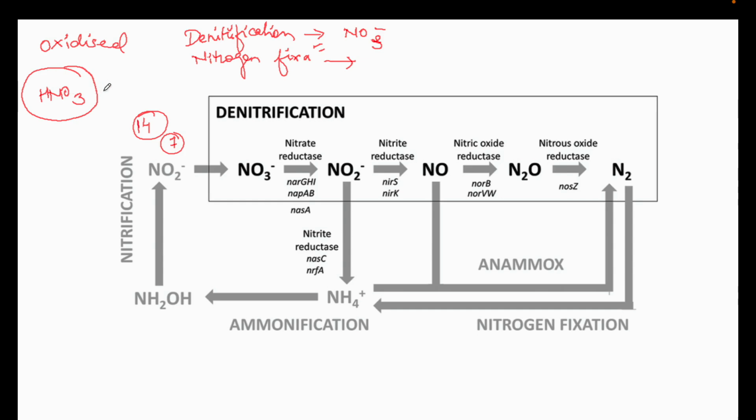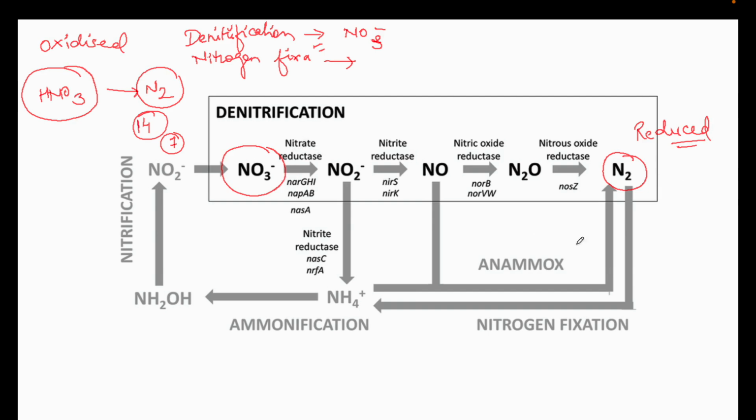From the most oxidized state to the most reduced state, N2 is the most reduced state. This process from oxidized to reduced is known as denitrification. As you can see here, we have NO3 minus and it is getting reduced to elemental nitrogen, the most reduced state. From oxidized to most reduced state is known as denitrification.